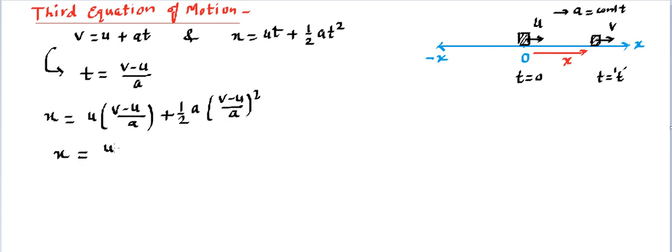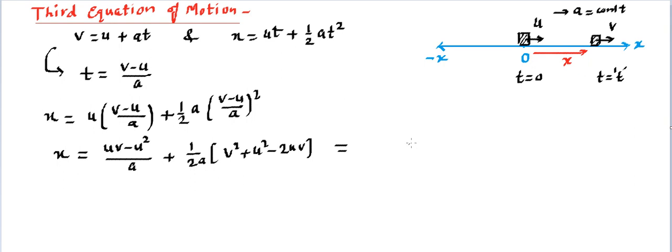So it's going to be uv minus u square divided by a, plus you'll find there is going to be a square, upside is a, so it will become 1 upon twice a, and inside the bracket is going to be v square plus u square minus twice uv. If we settle it this way, we take twice a as a common denominator, so we need to multiply the first part by twice.